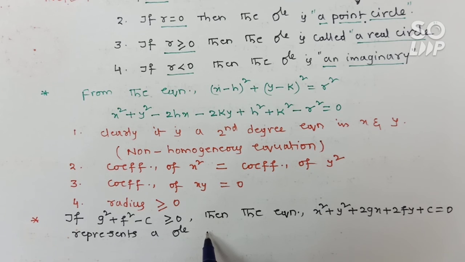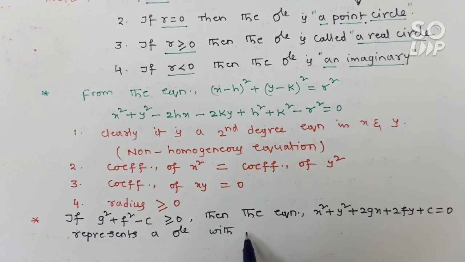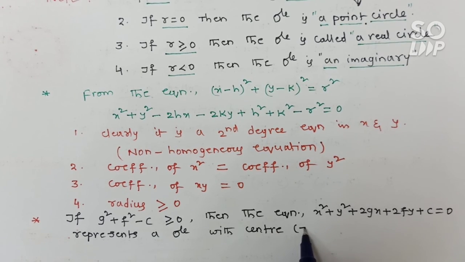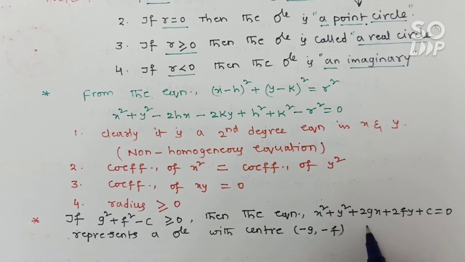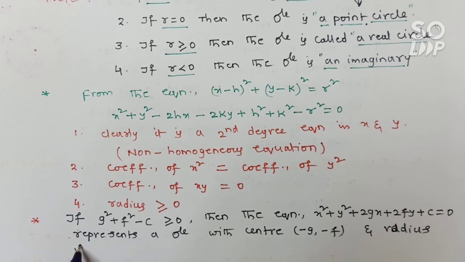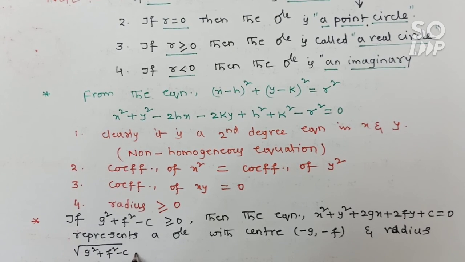with the center minus g comma minus f, and radius root of g square plus f square minus c.